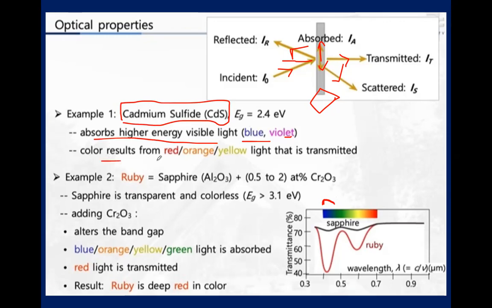Instead, the other wavelengths like red, orange, yellow, this range is transmitted, right? But other wavelengths like green are absorbed, so you never see cadmium sulfide crystals in green color, right? Usually you see the cadmium sulfide crystals in red, orange, or yellow color, because those are the wavelengths that are allowed to be transmitted.